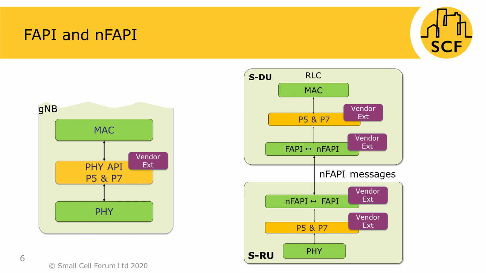Essentially, you see a translation happening from the FAPI to NFAPI interface at the sender end and an NFAPI to FAPI translation at the receiver end. The NFAPI messages are all defined, which we'll cover in later slides. The P5 and P7 now get transported over a network interface.